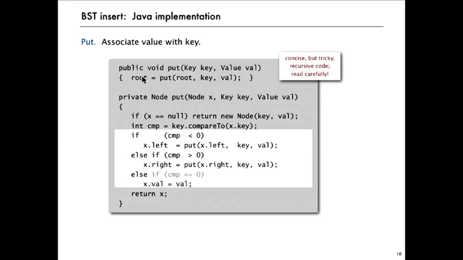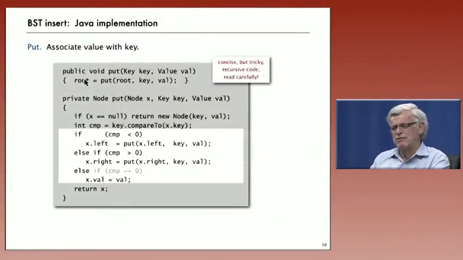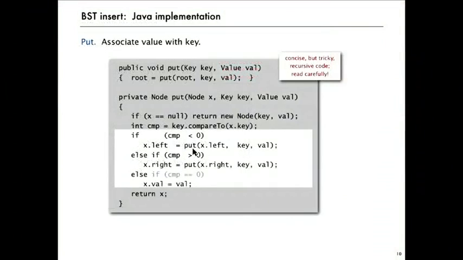And that works again recursively. Say we have one node in the tree and we have a new key to associate, and let's say that key is less than the key at the root. So now we do put, and it's actually a link to that one node that's got two null links. So it's not null, so we'll compare our key against the key in that node. If that comparison comes out left, here's how we do the insert.